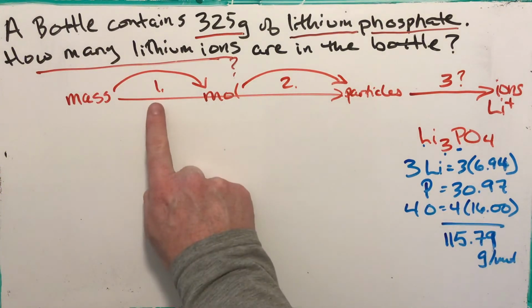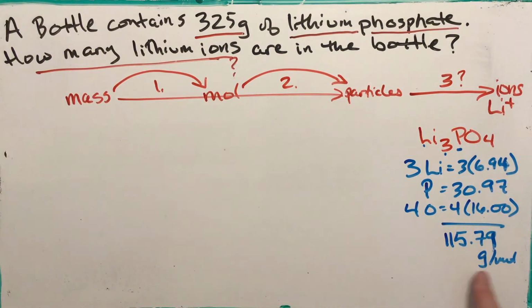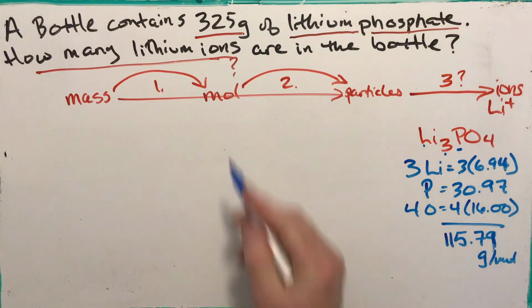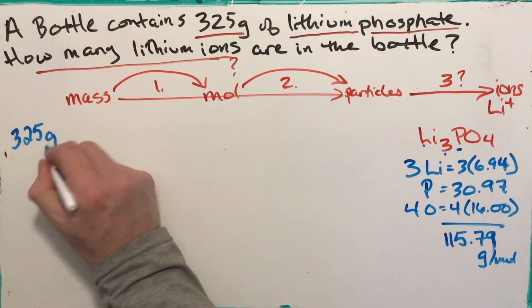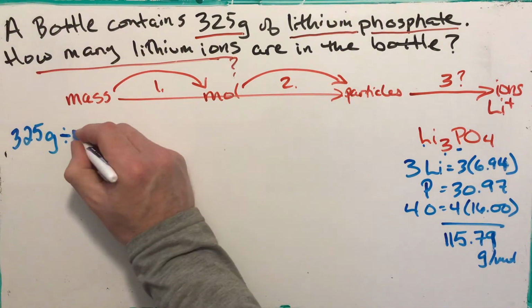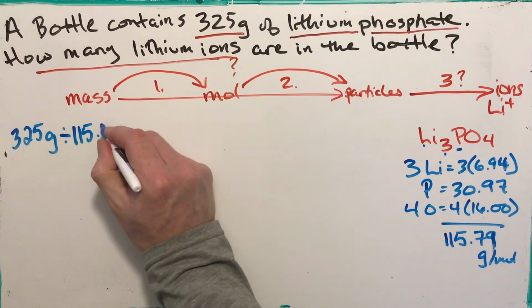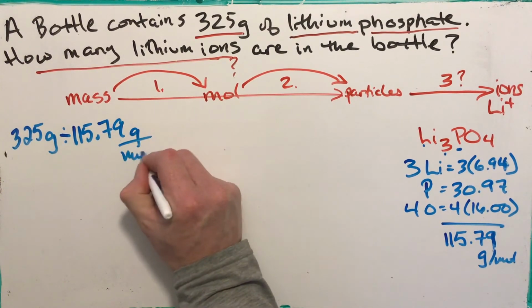I'll need this right here. Whenever I go between grams and moles, I need the thing that has both grams and moles in it. So again, I'm going to start with what I'm given. 325 grams, and I'm going to divide by the molar mass, 115.79 grams per mole.